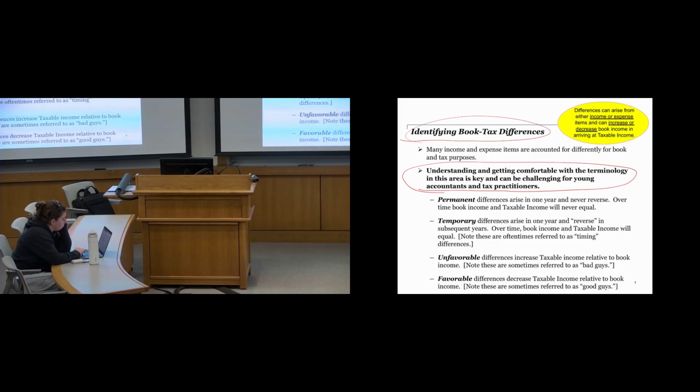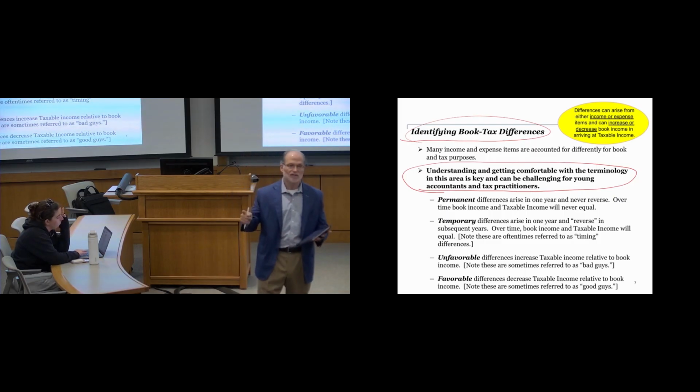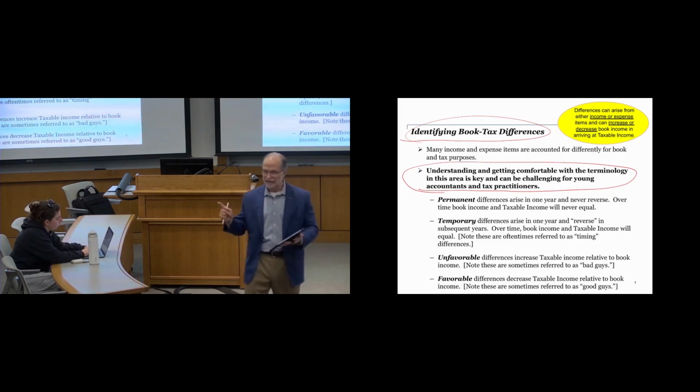But understanding and getting comfortable with terminology in this area is key. You have to master the terminology, and that is inherently challenging for young accountants and tax practitioners. This is the start of tax accounting. I think of a tax accountant as the one who is the bridge between the financial statements and the tax information.